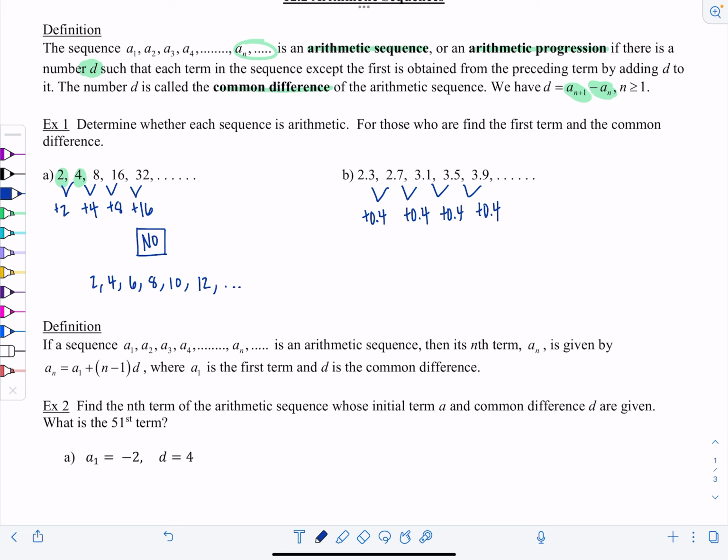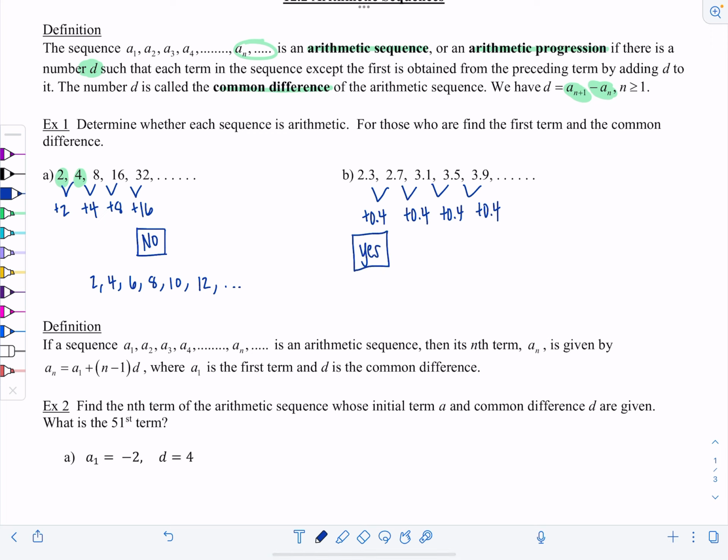You have to check for every term that they list. If one doesn't match up, if you're adding something different, then that means it's not arithmetic. One can ruin it for everybody. And you just check for every single term that's listed. The ellipsis just means assume they're keeping up the pattern that they showed you. So yes, this is arithmetic.